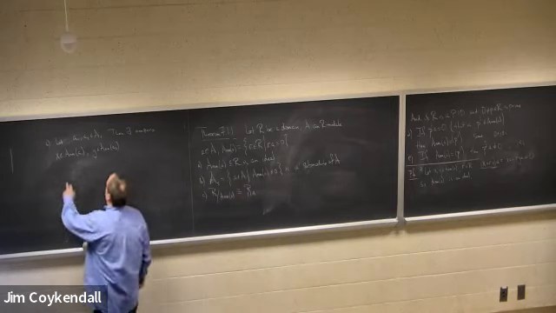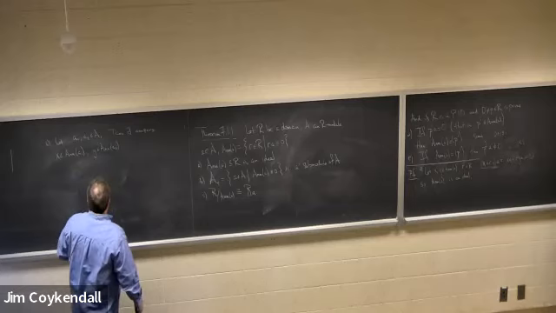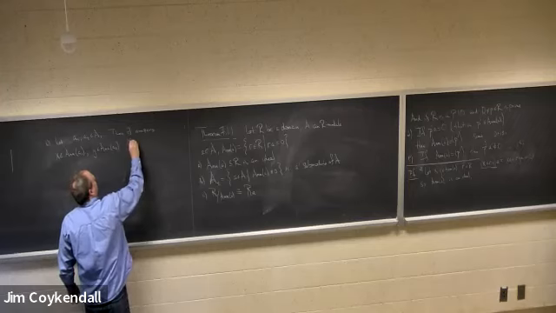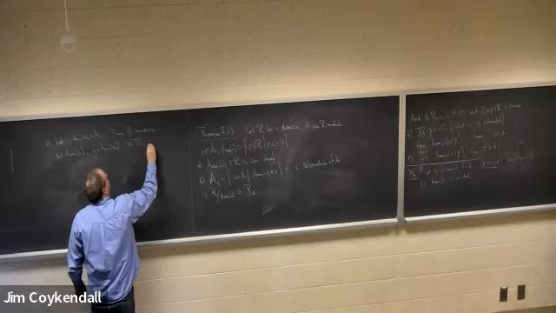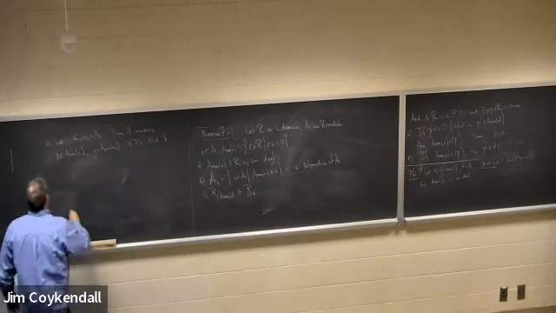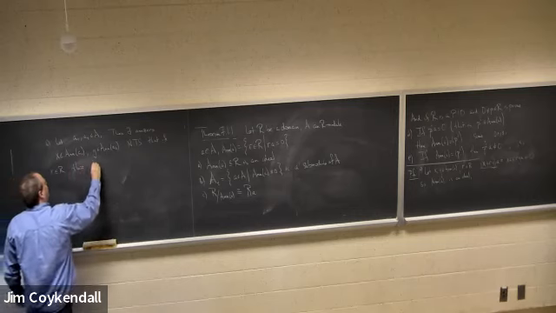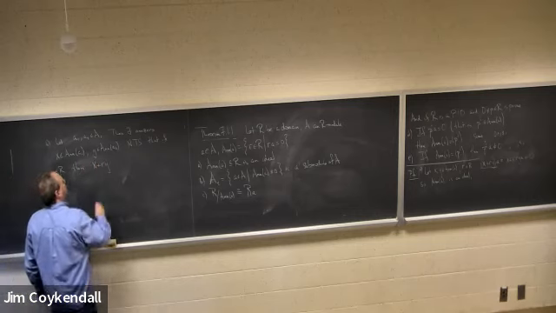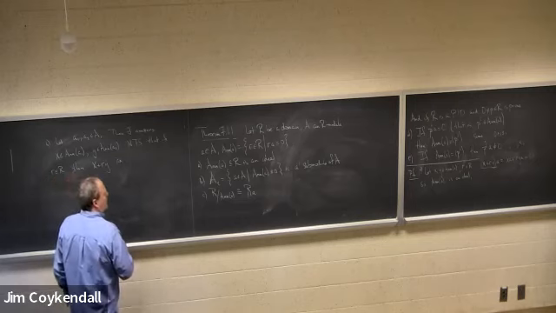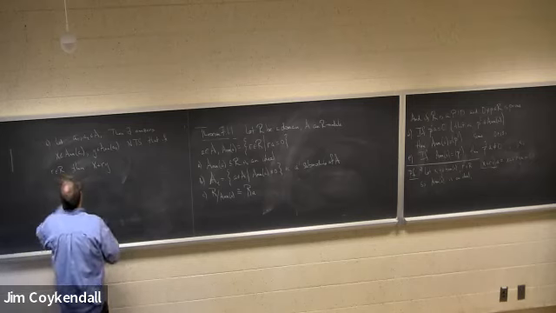Let X be in the annihilator of A1, Y be in the annihilator of A2. We need to show that if r is in R, then X plus rY annihilates, or I'm sorry, X and Y are now.